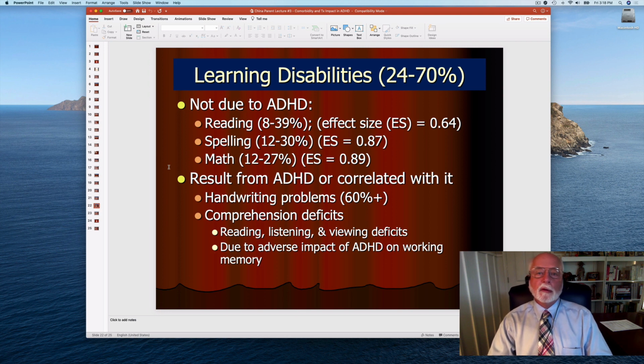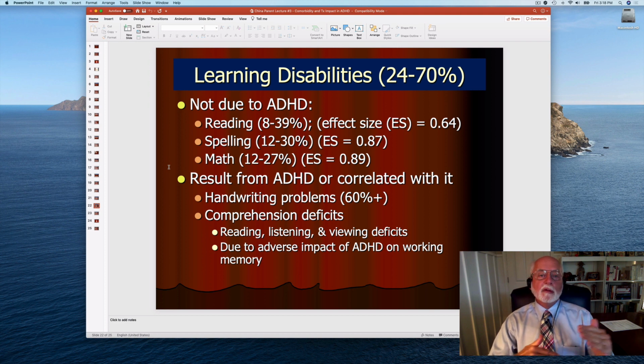Now, another disorder commonly linked to ADHD are learning disabilities, often called specific learning disorders. These are where we see very serious delays in academic achievement skills such as reading, spelling, mathematics, handwriting, or language.